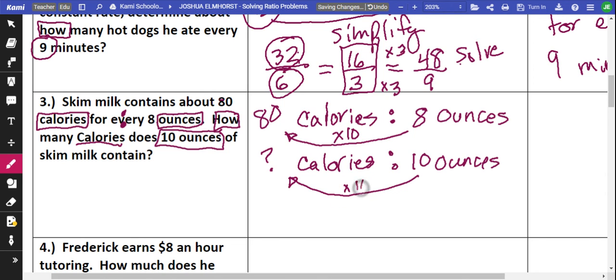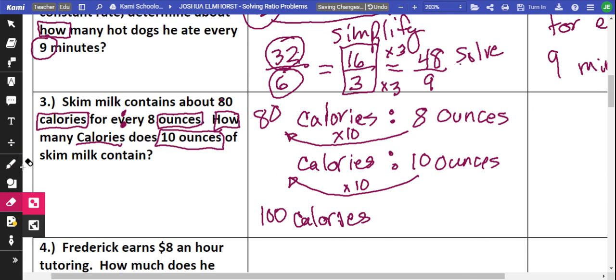So 10 times 10 would give us 100 calories. So we take out the question mark and then we put our answer in there. Just using multiplication or division with ratios, 8 times 10 is 80, 10 times 10 would give you 100, and that would be our solve.